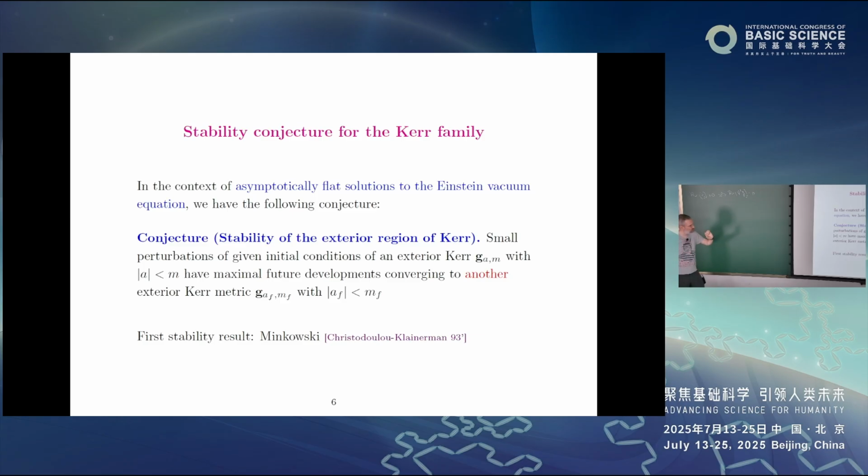It is restricted to the so-called exterior region, which means the exterior of the black hole. In fact, the interior of the Kerr black hole is expected to be unstable. And the conjecture is as follows: you start with small perturbations of a given initial condition of an exterior Kerr solution.